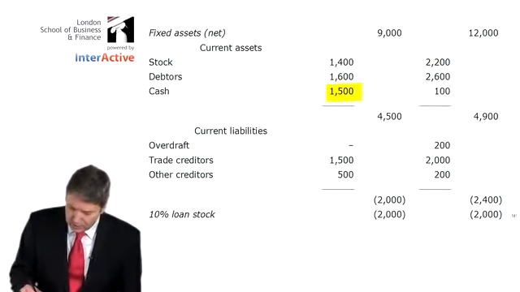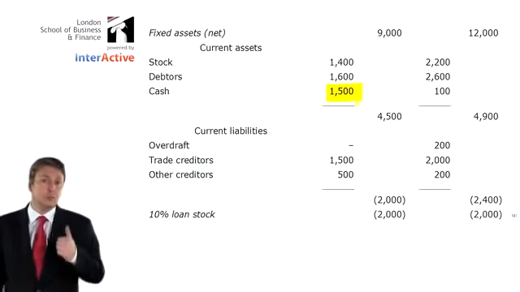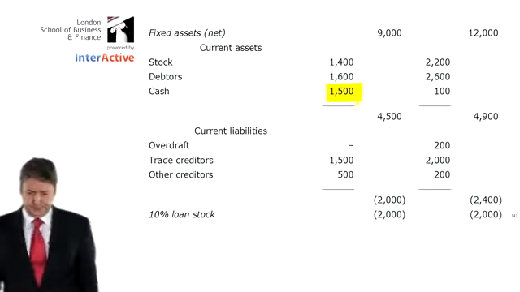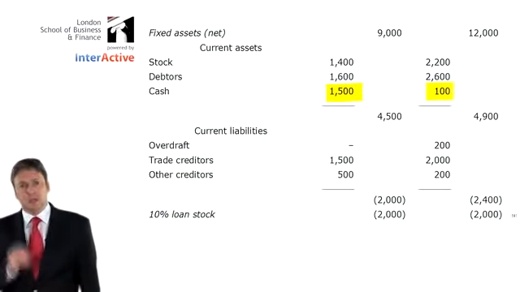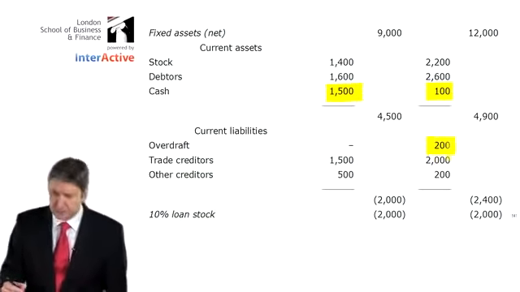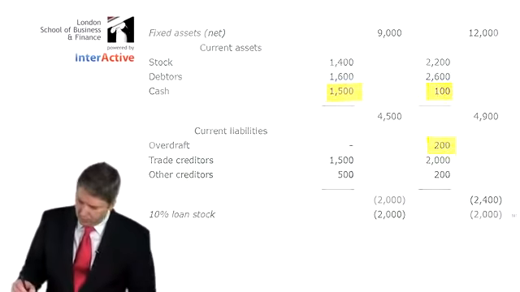In X2, last year, we had £1.5 million sloshing around in our bank account. Good stuff. Move on 1 year. We only have 100,000 sitting in our bank account, and more than that, we have an overdraft of 200,000. So, from that perspective, what can we say?